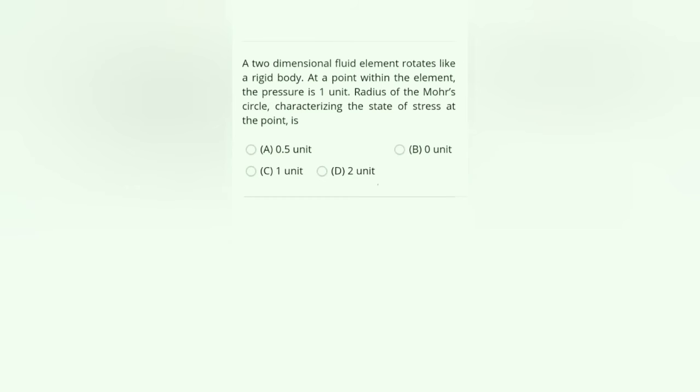So sigma x and sigma y both will be of equal magnitude. The pressure acts in the radial direction, so there will not be any shear stress also. So sigma x and sigma y being of equal magnitude and the absence of any shear stress makes the Mohr circle a point. So the radius of the Mohr circle would be 0.